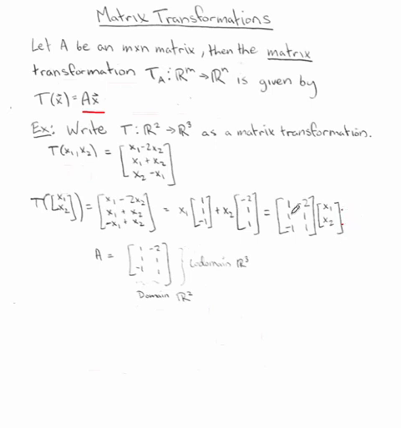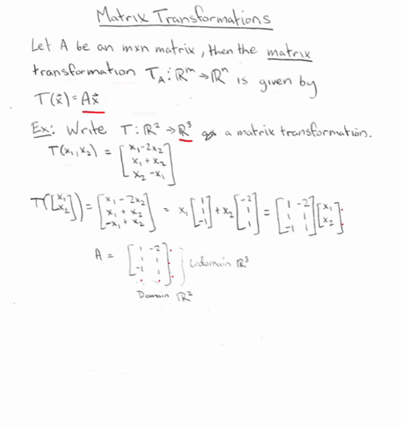I started with R2, and that shows up in my number of columns. The number of rows is the dimension of my output, so that's my codomain. My vector is going to have 3 entries, and it's going to be a linear combination of these two columns. My codomain is R3.